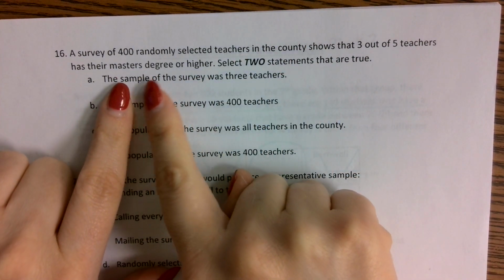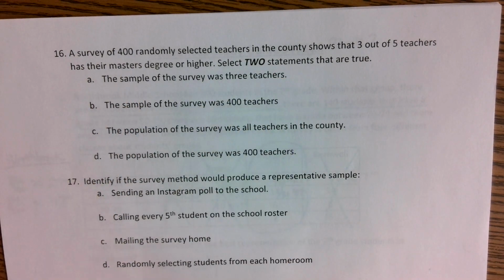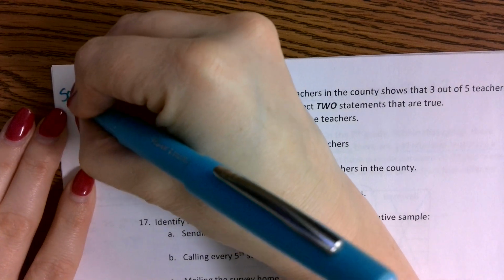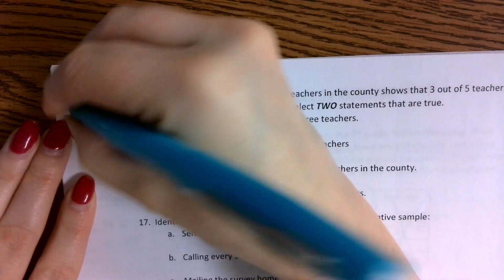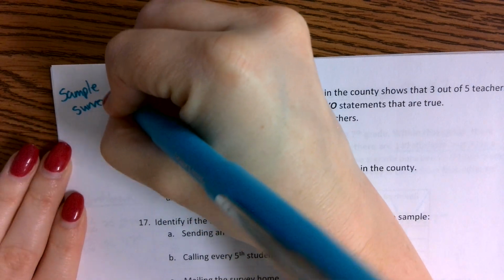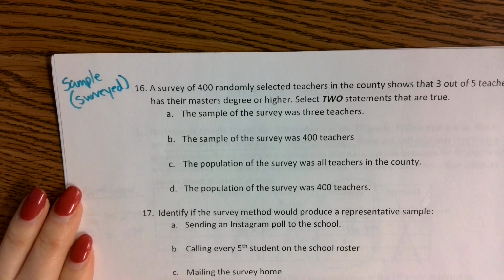The sample of the survey was 3 teachers. So remember, and I want you to write this off to the side, a sample is the same thing as who was surveyed. A sample represents who was surveyed.